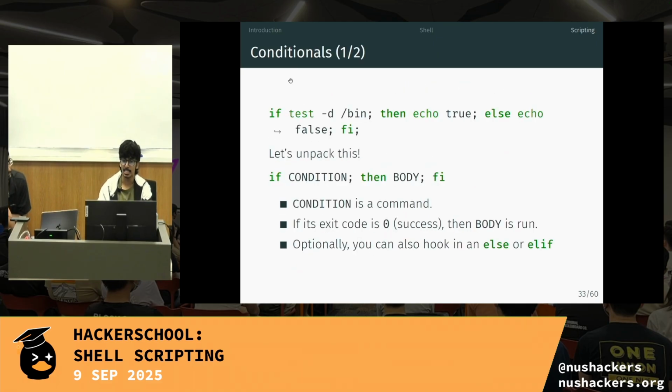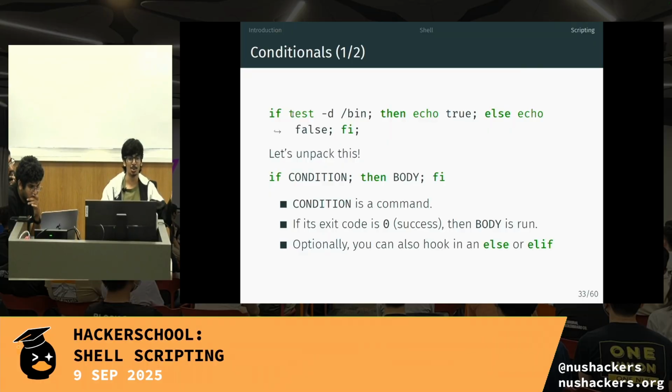All right. Another important thing is conditionals. The syntax for this is a little bit longer, but it's very close to what you expect. It's if, then the condition that you're testing, then the statement if the condition is true, and then your else condition. But the interesting thing is that unlike your normal if statements, which would check for a Boolean kind of thing, since everything in this case needs to be a command, what the if statement checks for is whether the command passed in as the predicate is run successfully or not.